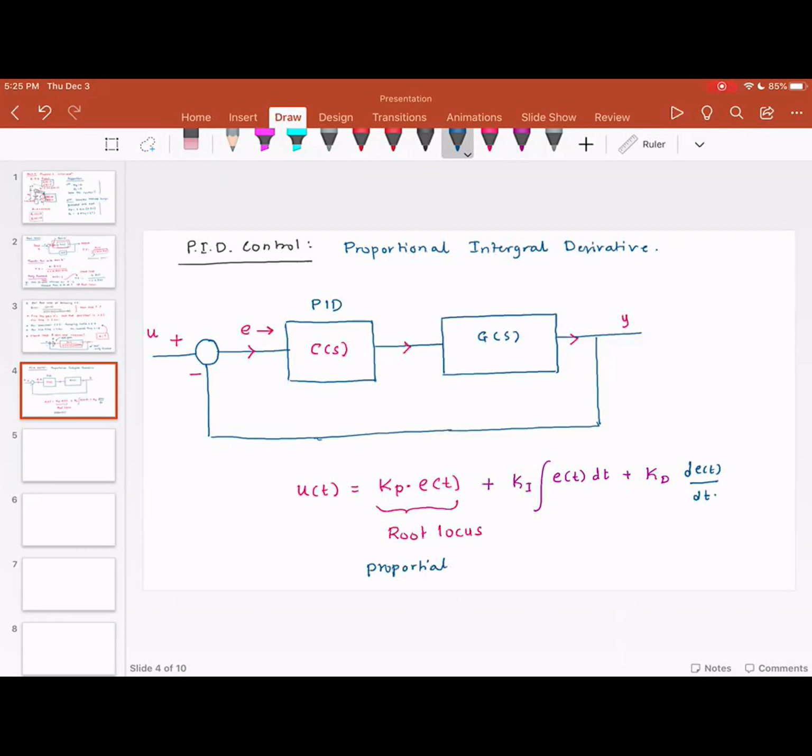So this is called as proportional because this gain Kp is proportional to error. This gain Ki is called integral gain. And this is called as derivative. So I have proportional, I have integral, and I have derivative. Now, what does this mean?